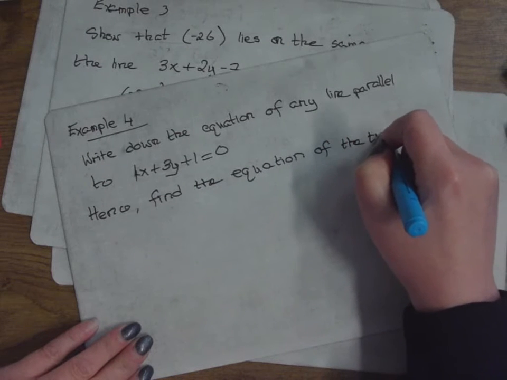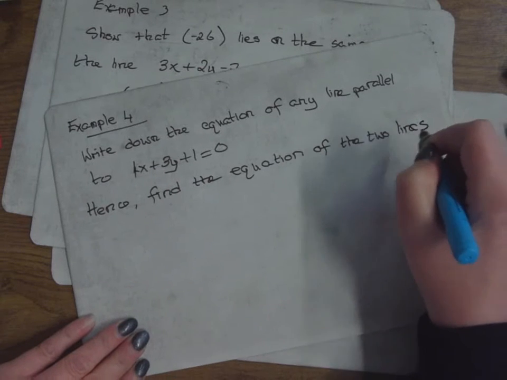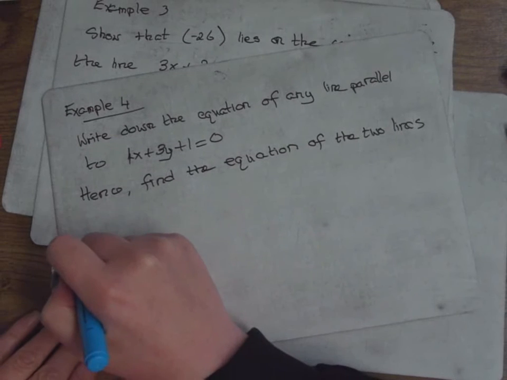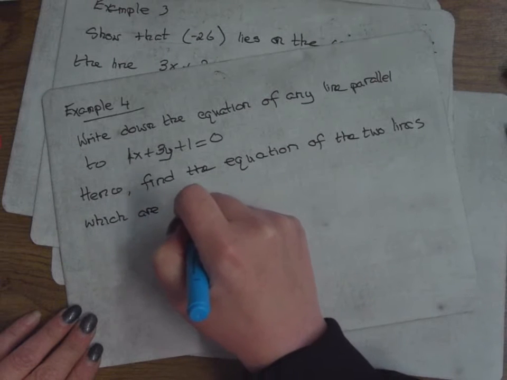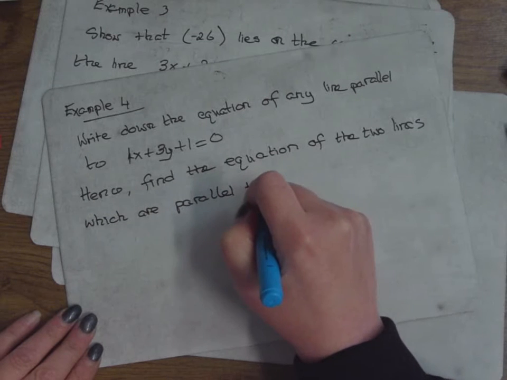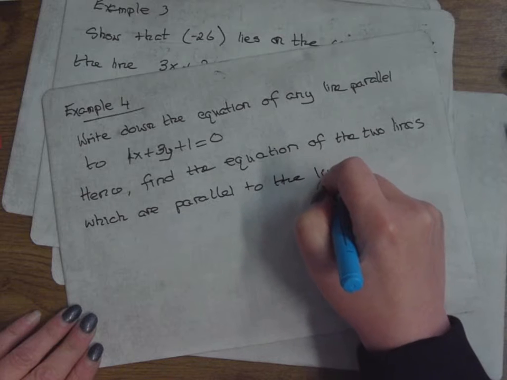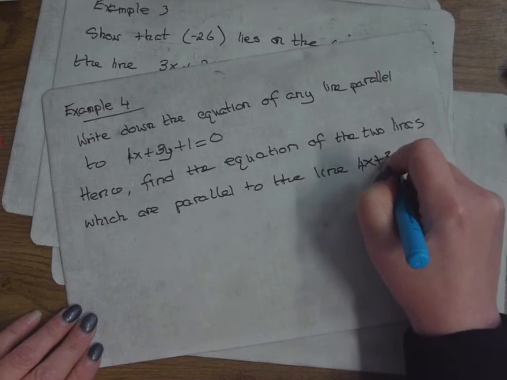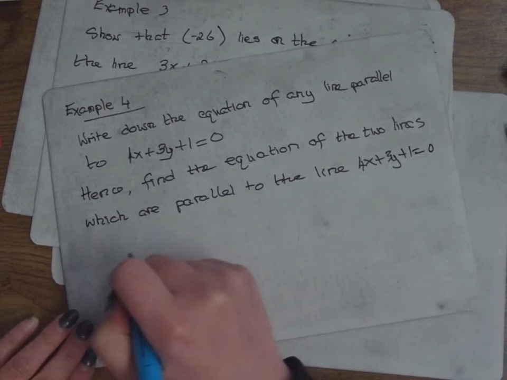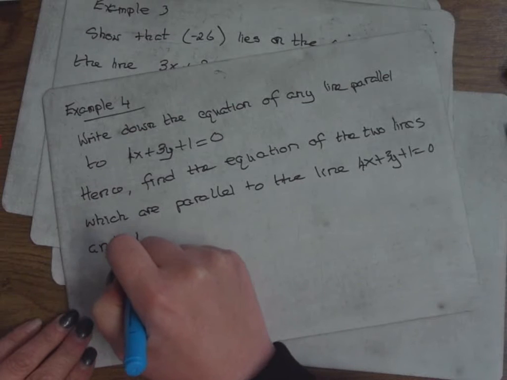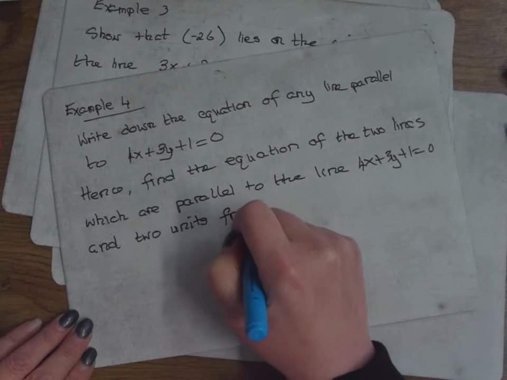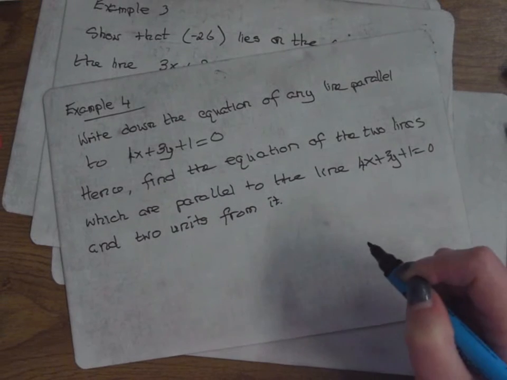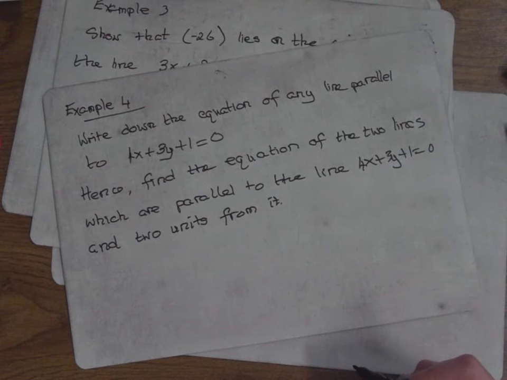Right, so I'm giving you a line and I'm saying give me the equations of two more lines which are parallel to that line and 2 units from it.